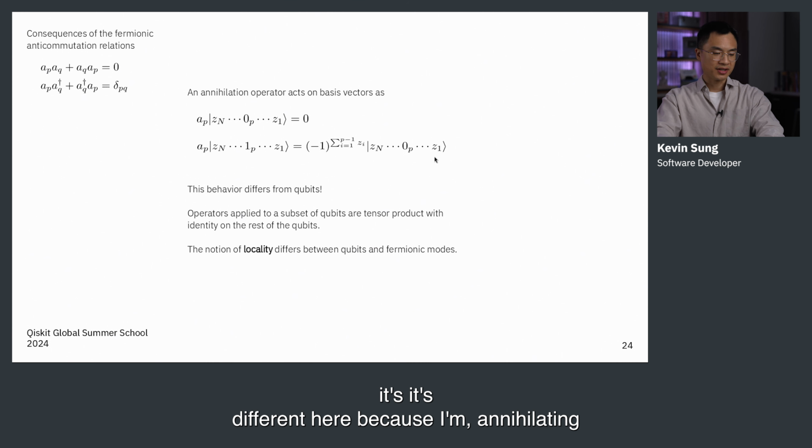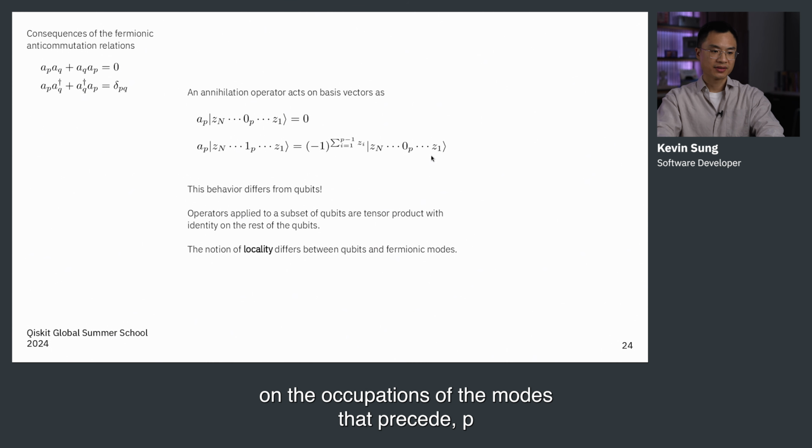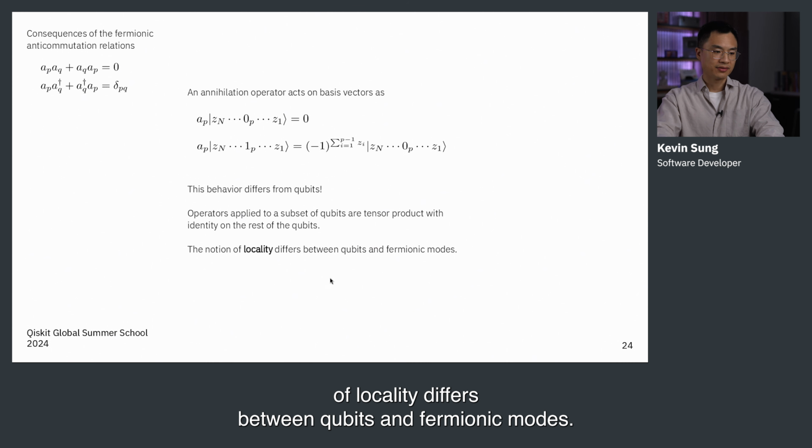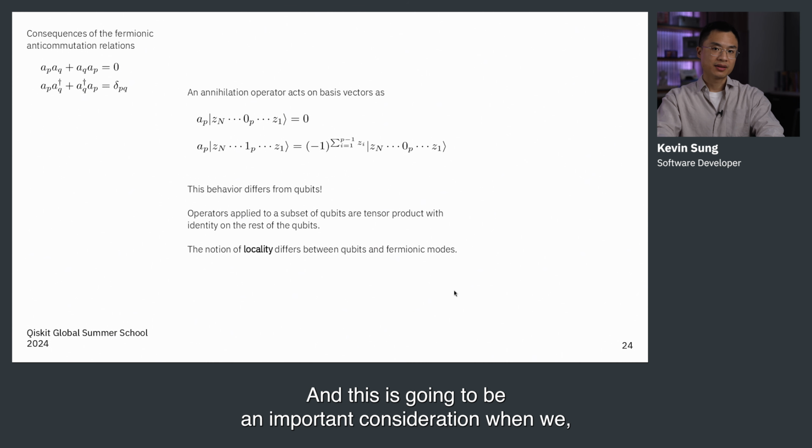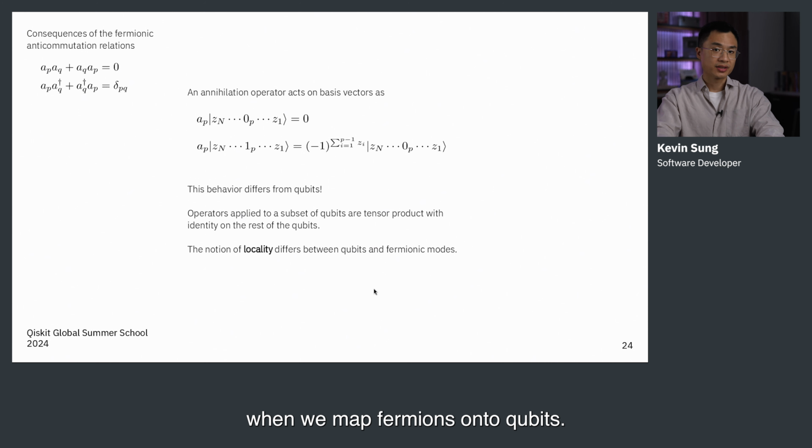It's different here because I'm annihilating just on mode P, but I pick up a phase factor that depends on the occupations of the modes that precede P. And the consequence of this is that the notion of locality differs between qubits and fermionic modes. This is going to be an important consideration when we map fermions onto qubits.